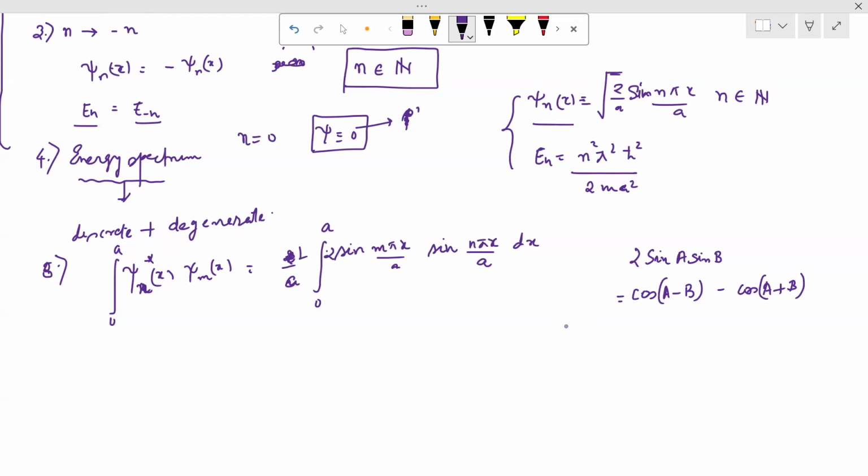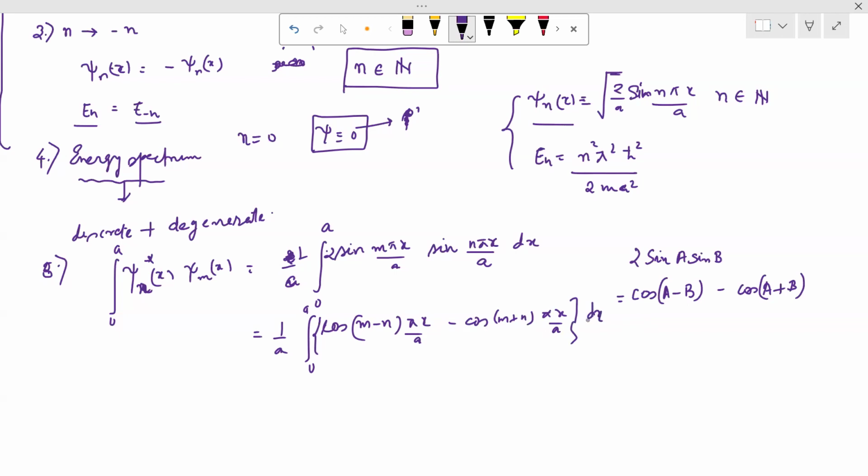Okay, so now we are doing things for specific cases. This will give me 1 upon a, integration from 0 to a, cos of m minus n pi x upon a minus cos of m plus n pi x upon a, dx.